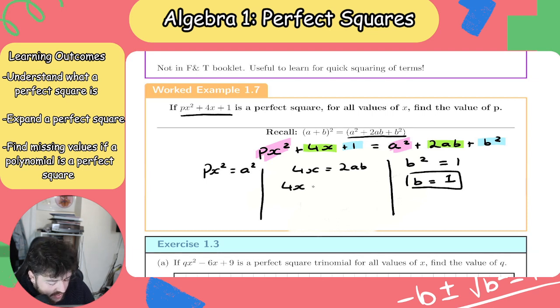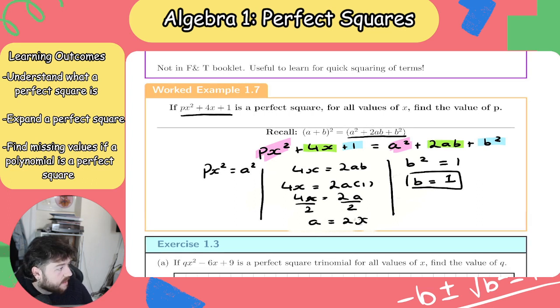So 4x is equal to 2a times 1. 4x is equal to 2a. Let's divide both sides by 2. I'm going to have a is equal to 2x. Now I know what a is. Let's look at this one here.